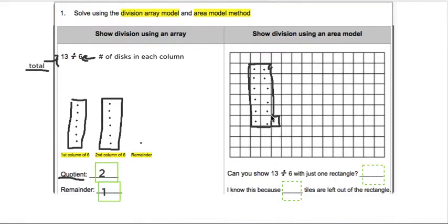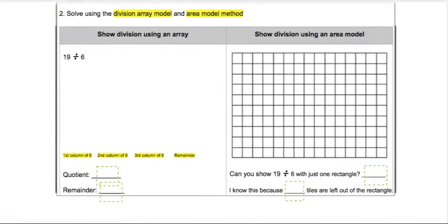Or did we have to include a tile as well? Yeah, we had to include a tile. So we know that we were not able to show 13 divided by 6 with just one rectangle. I know this because tiles are left out of the rectangle. How many tiles were left out of the rectangle? Good, just one.